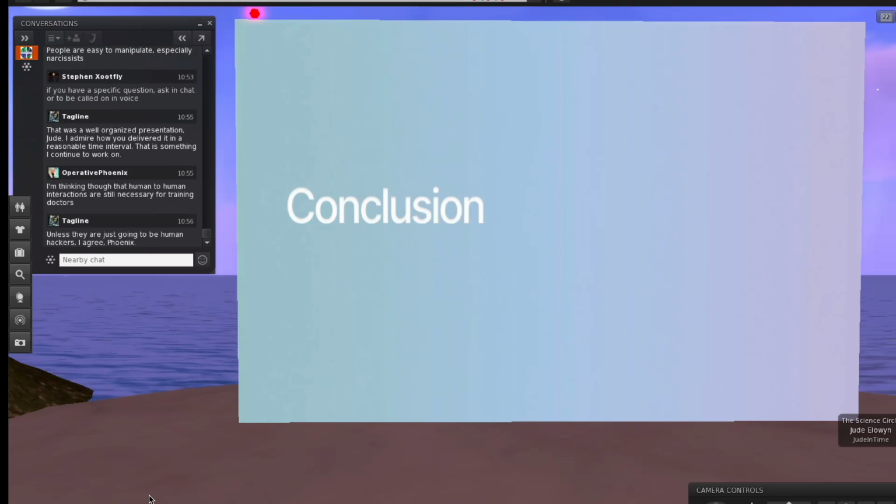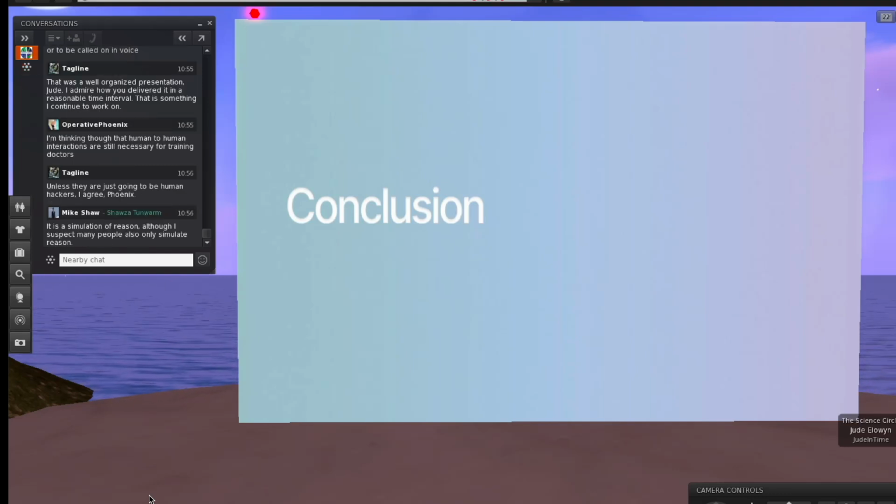So we can't really call anything that the AI is performing decision making or reasoning. What it is explicitly doing is making a statistical prediction based on things that it has learned.